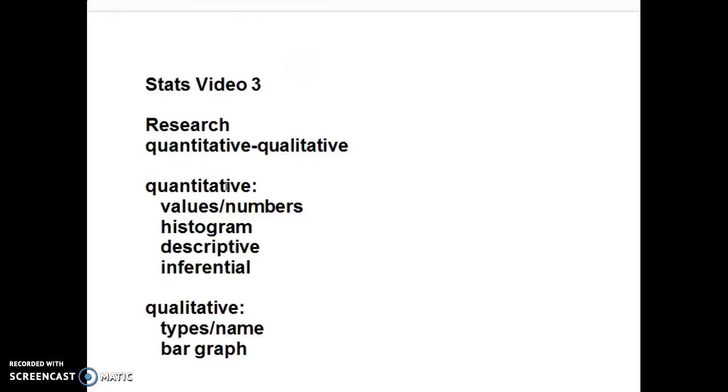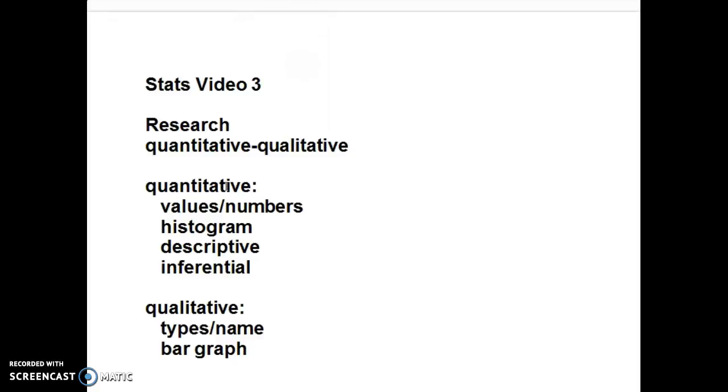An example: how many children do you have? That would include numbers, 3, 4, whatever the number of children that you may have. That is quantitative. Qualitative research is merely a name or a type.